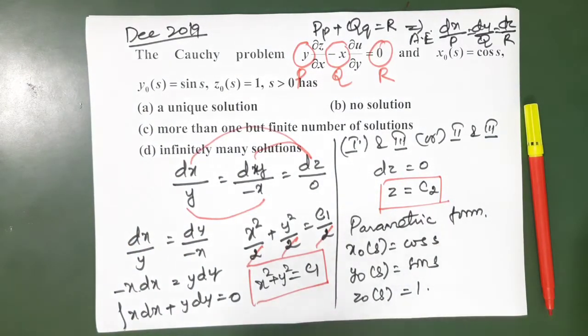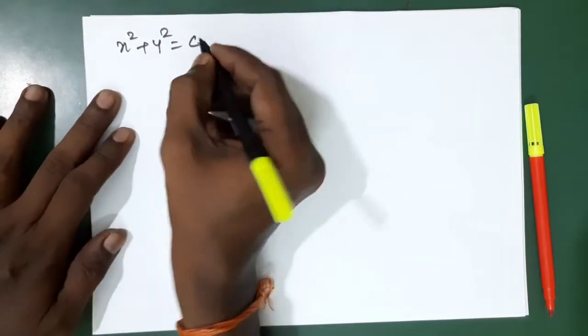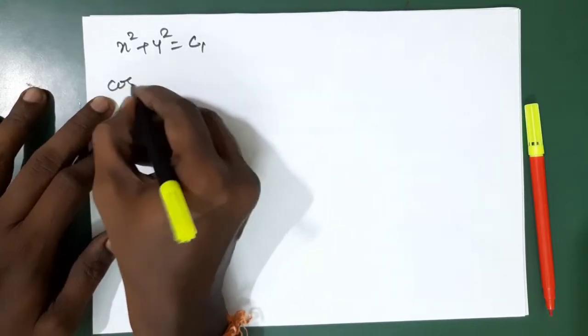Now we have to substitute this x naught value, y naught value, z naught value in the first equation and the second solution, and find the relation between C1 and C2. Now we substitute for the first equation. So x square plus y square is equal to C1. So what is x square? Cos square s.